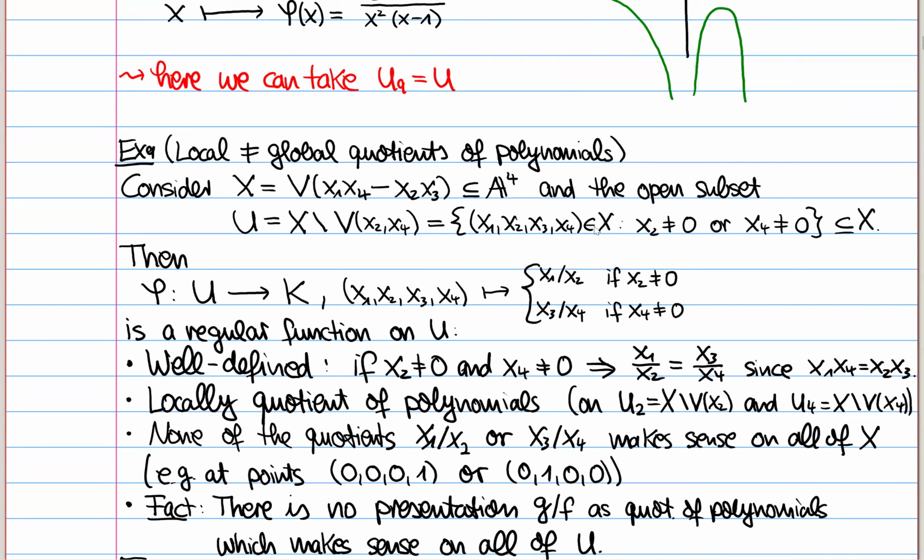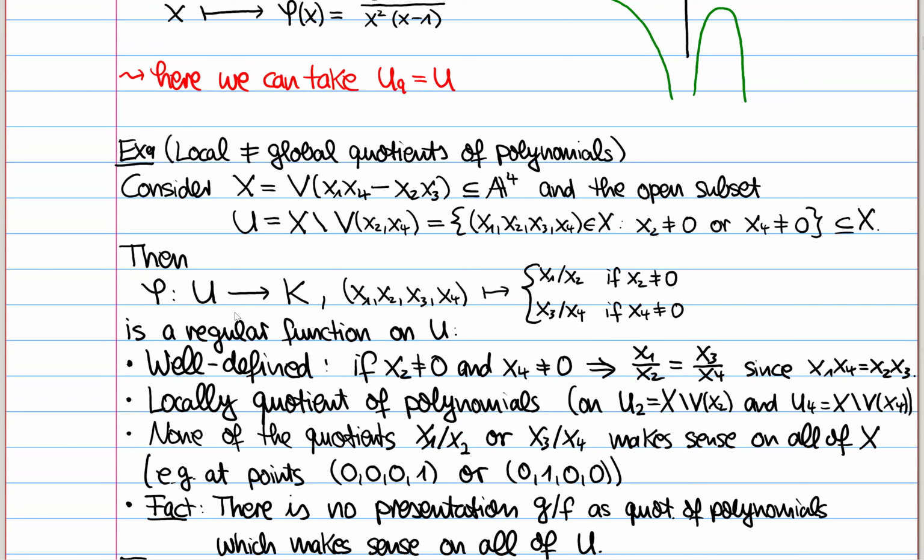Everything in U satisfies that either x2 or x4 is non-zero. So when x2 is non-zero, then we can write down the function x1 divided by x2. And if x4 is non-zero, we can write down x3 divided by x4.